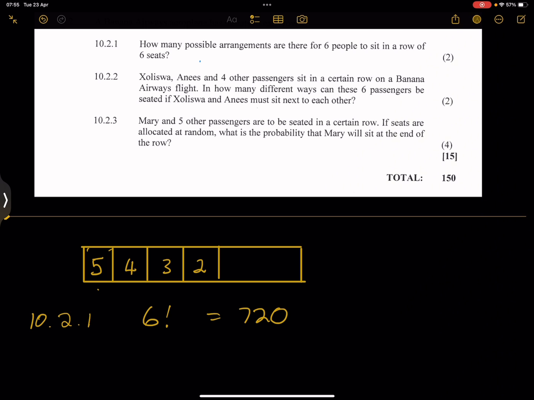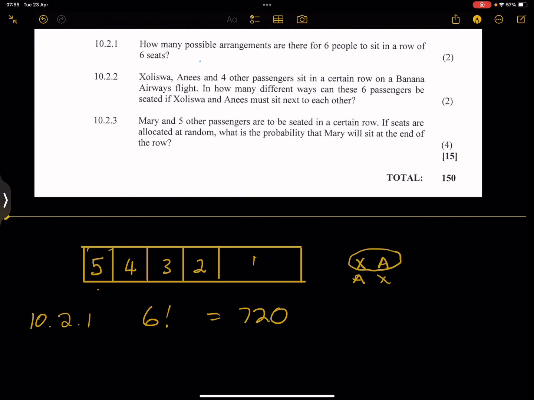Now, please note, ladies and gents, when it comes to Anis and Xoliswa, the thing about it is that I can put them in one of 2 ways. Either I can start with Xoliswa and then Anis, or I can put Anis, then Xoliswa. So there are 2 different arrangements that I can make for them.